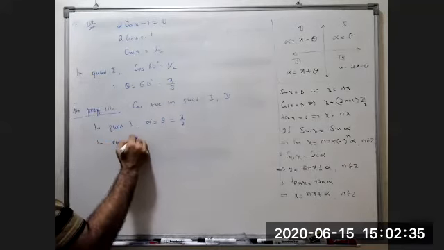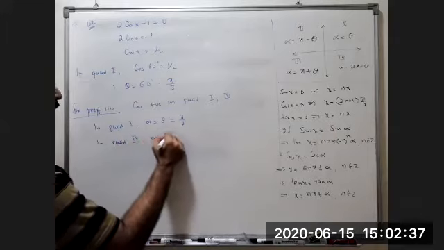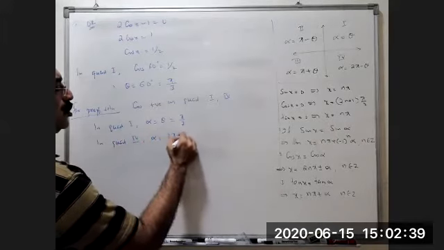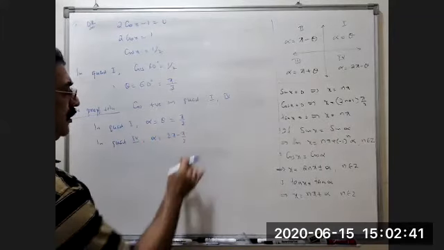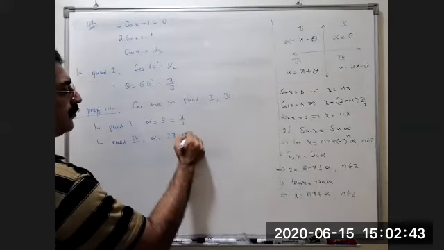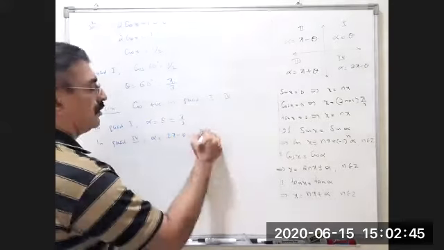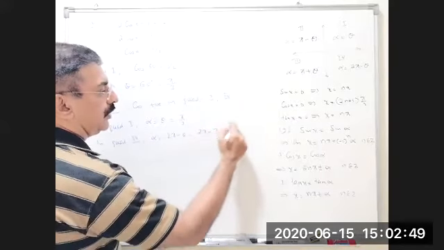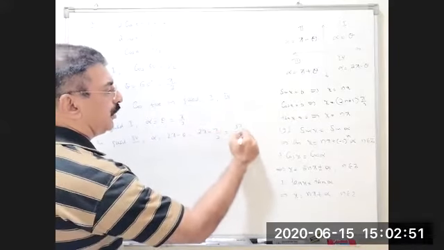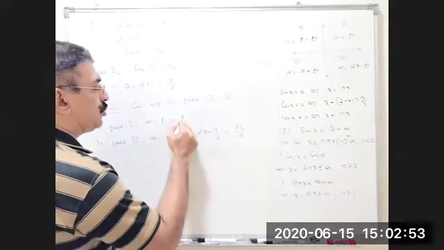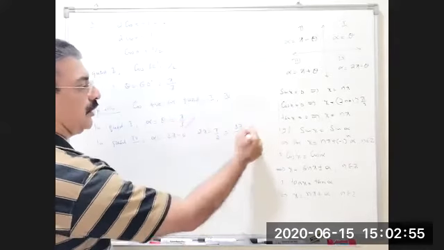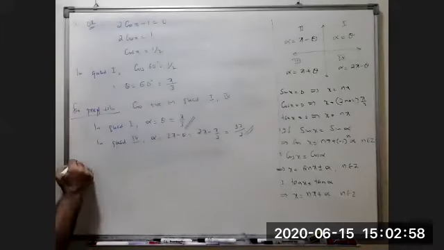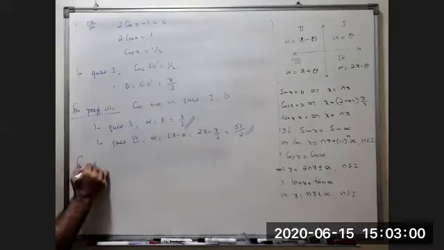In quadrant 4, alpha is 2 pi minus pi by 3, right? 2 pi minus theta. 2 pi minus pi by 3 because 6 minus 1, 5 pi by 3. Now, of these two values, we take the first value for the general solution.